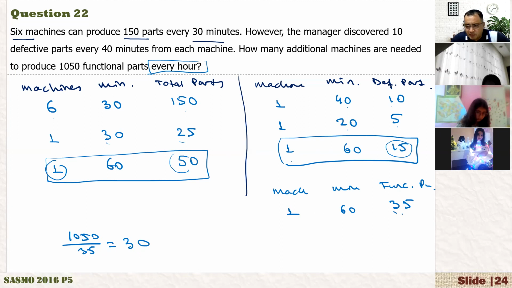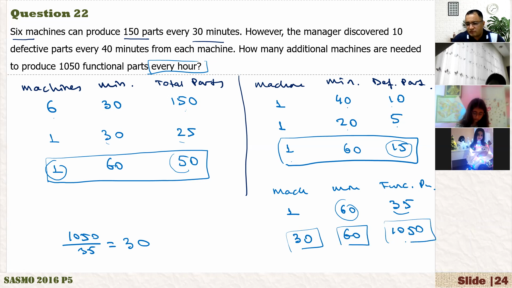So if we multiply this by 30 in 1 hour, if we have 30 machines, each machine is producing 35, so they will produce 1050. That means if 30 machines work for 60 minutes, that is 1 hour, they can produce 1050 functional parts.